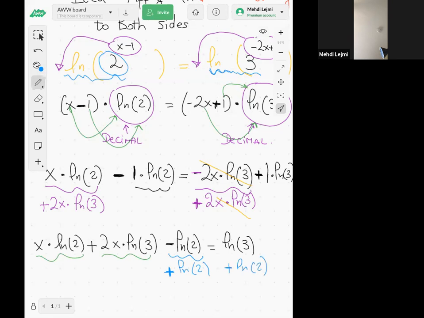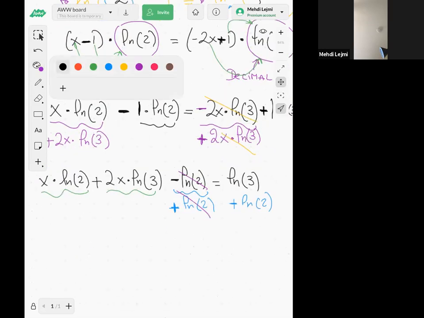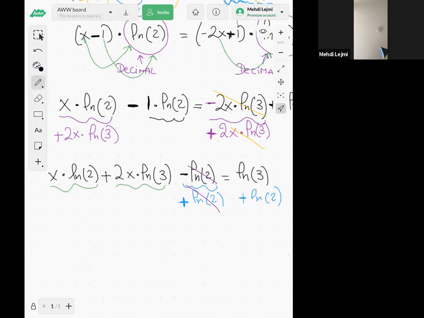All right, so then this natural log of 2, of course, cancels out. So now on the left, I'm gonna have x times natural log of 2 plus 2x times natural log of phi. That's the left side. The right side, it's just natural log of phi plus natural log of 2.